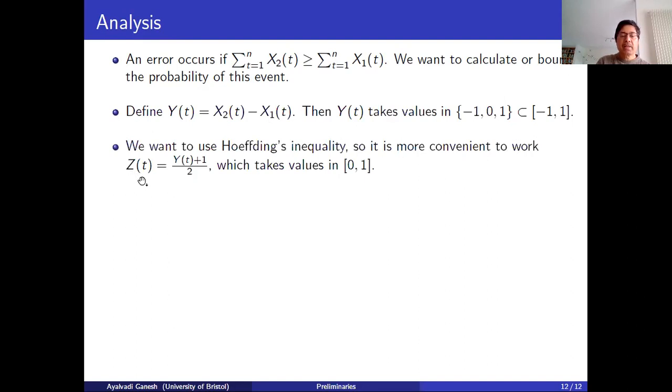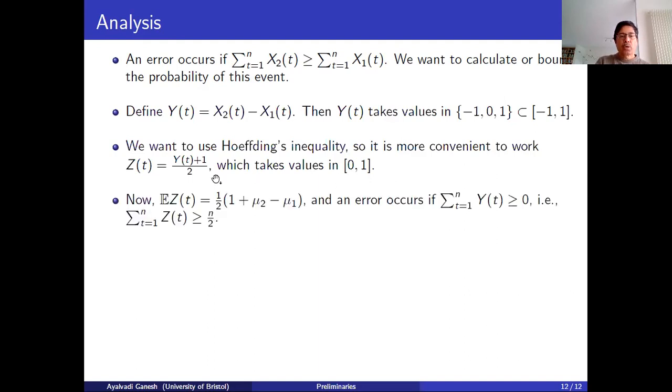So the way we do that is define this other random variable Zt in this way, and we've chosen this way to ensure that Zt lies between 0 and 1. By adding 1, we have forced 1 plus Yt to lie between 0 and 2, and dividing by 2 brings it to lie between 0 and 1. Now, what's the expectation of Zt?